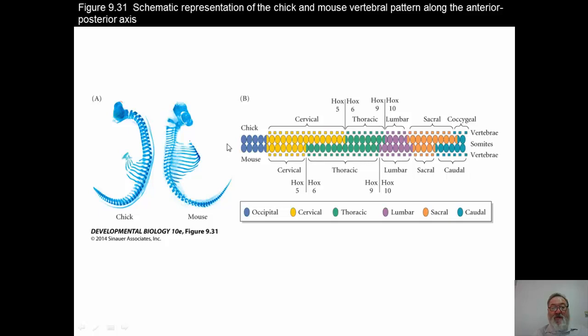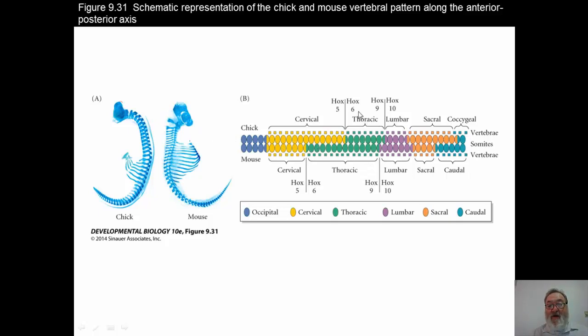And as we look at the structures and compare them, it's quite interesting that there are certain Hox genes that are associated with certain structures. For example, if you compare the cervical area of the chick with the cervical area of the mouse, Hox5 is very important in that. And Hox5 has a representation on a number of these vertebral areas, making the cervical area longer in the chick compared to the mouse.